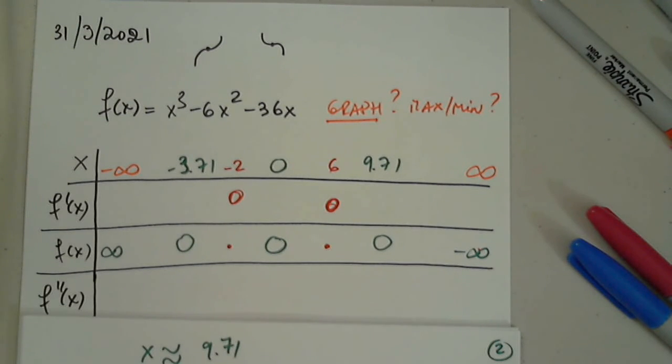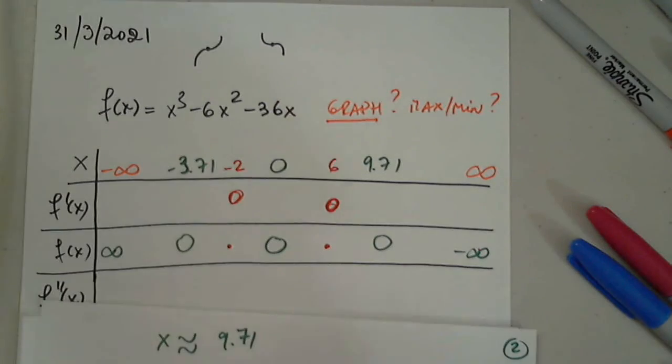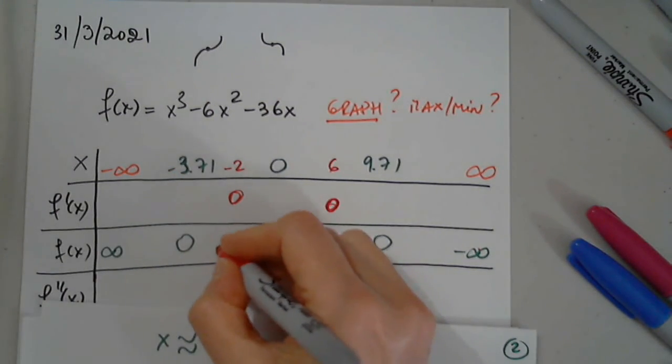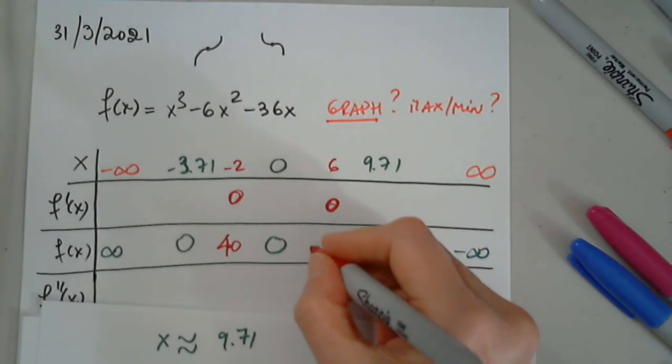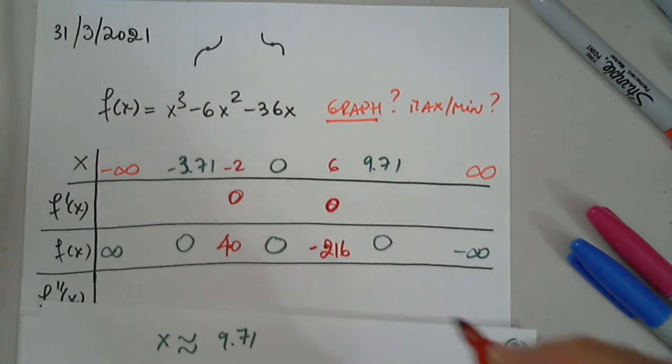And I need the second and table, and I want to put in negative 2 and 6. For negative 2, I have 40. Yeah, one other one like those with huge numbers. Okay.